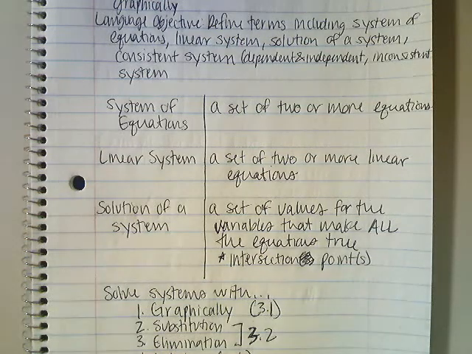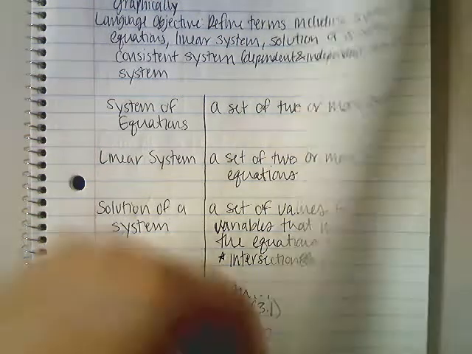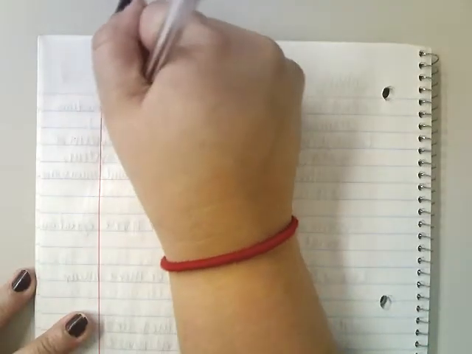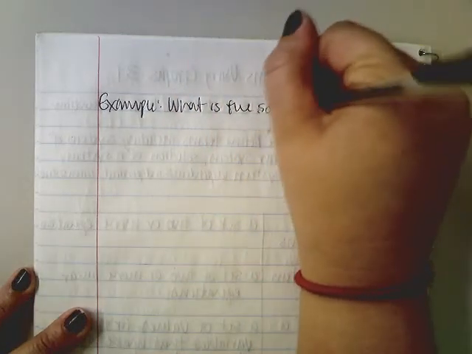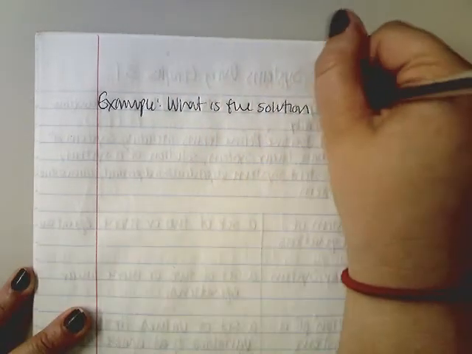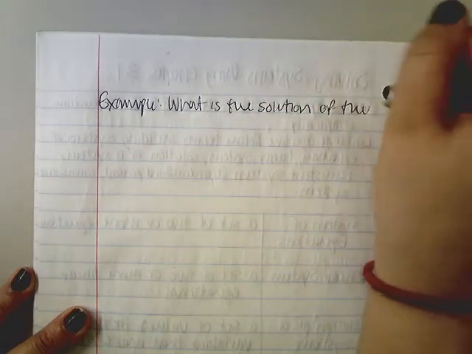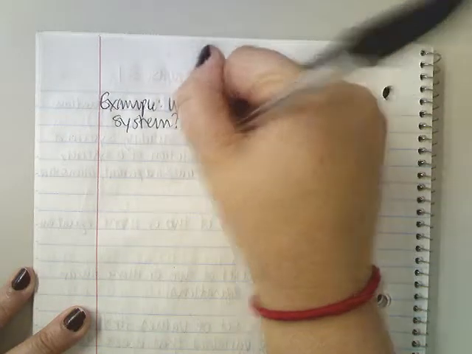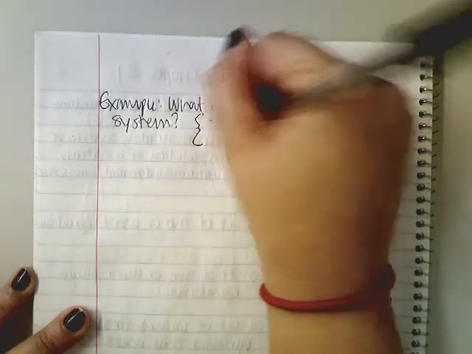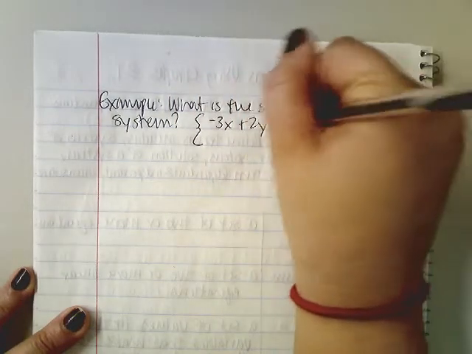So our next example, we're going to do super quickly. What is the solution of the system? And our system is negative 3x plus 2y equals 8.